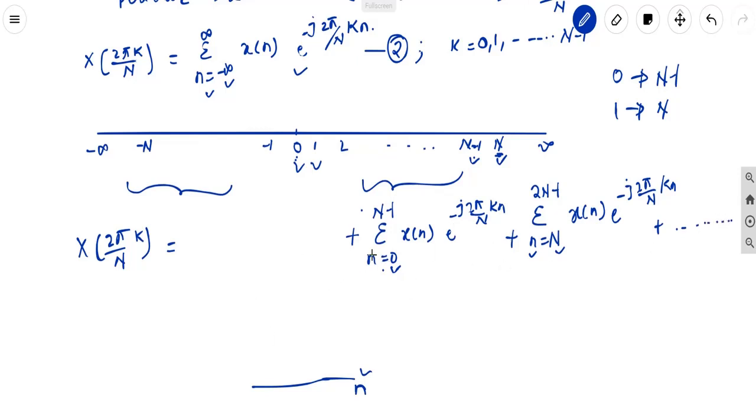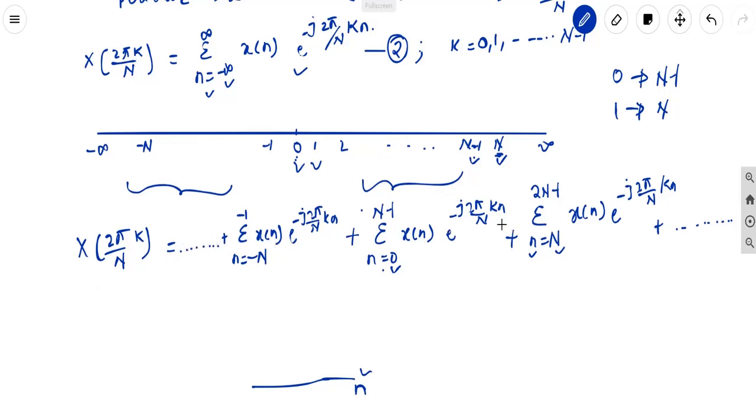Before this, I'm going to replace this 0 by minus N. So it is minus N to minus 1. So this plus N and minus N get cancelled here. So this becomes x of n e to the power of minus j 2 pi by N kn. So plus many ranges are here also, we are taking only two values, dash dash dash.